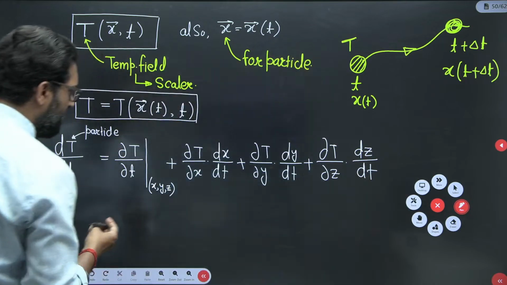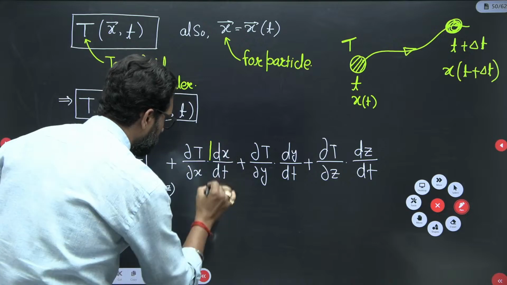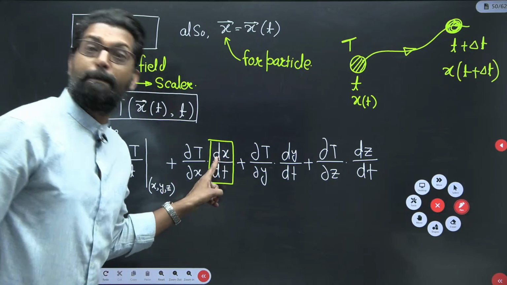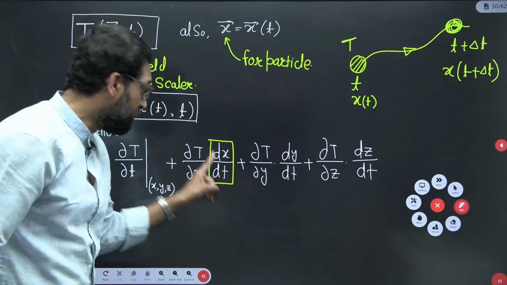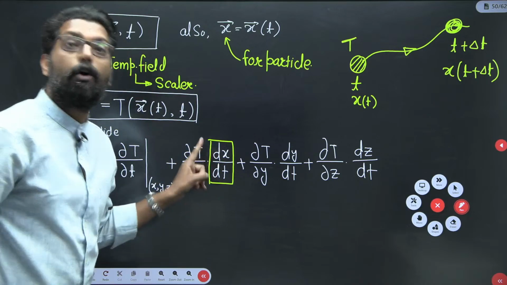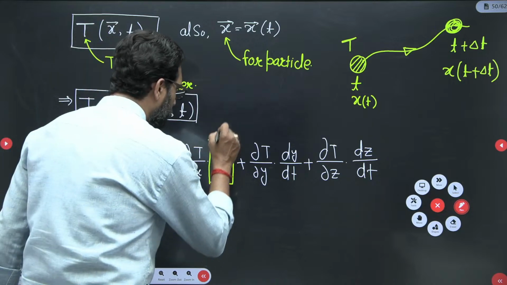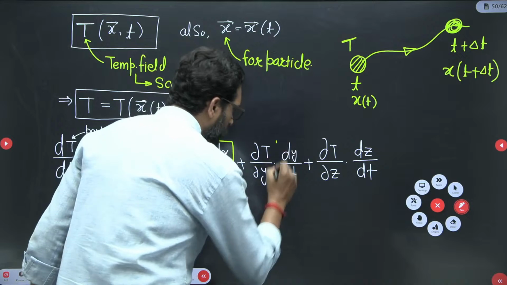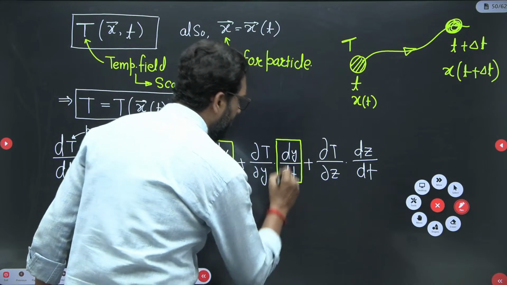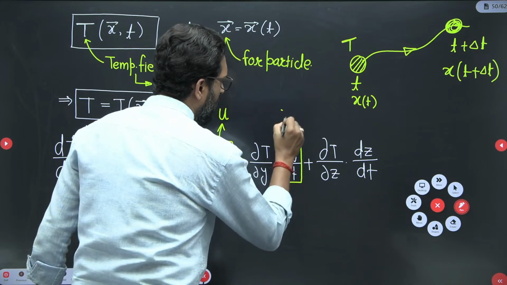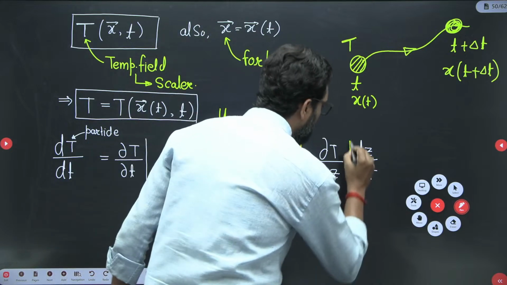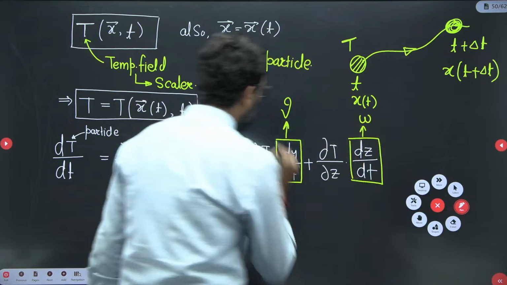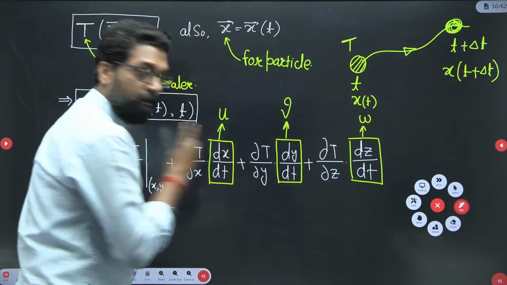Now my dear, what is that? This is the velocity of a particle, because this is an ordinary derivative. This is the velocity of the particle in the x component, in the y component, and in the z component. So these are all velocity of a particle.